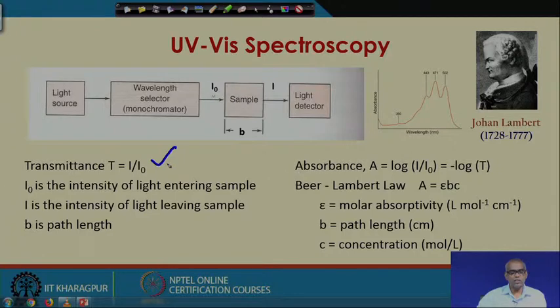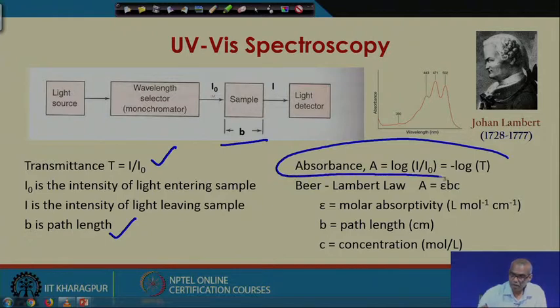So, I 0 is the intensity of the light entering the sample, I is the intensity of the light leaving the sample, B is the path length, then absorbance is defined as log of I by I 0. Which is also the transmittance.